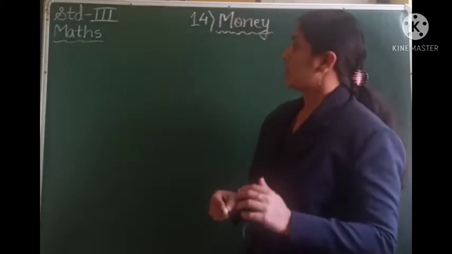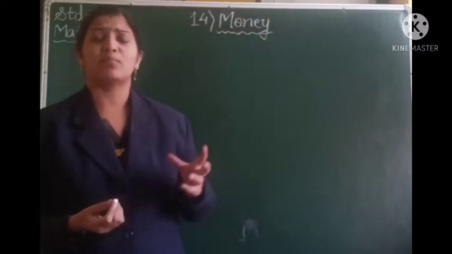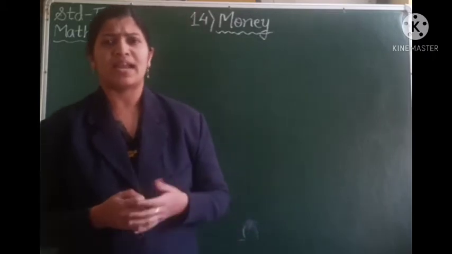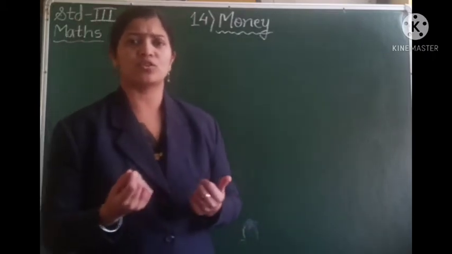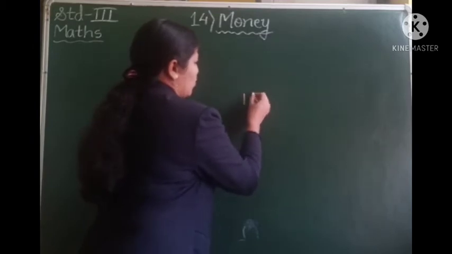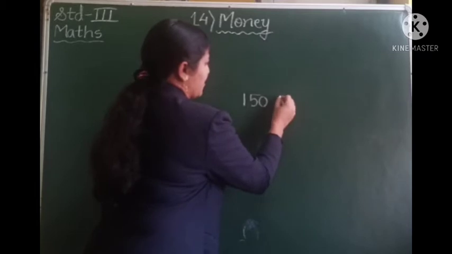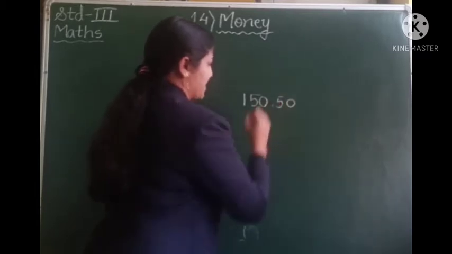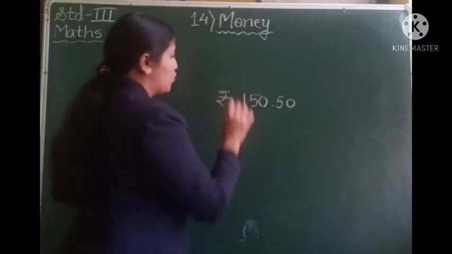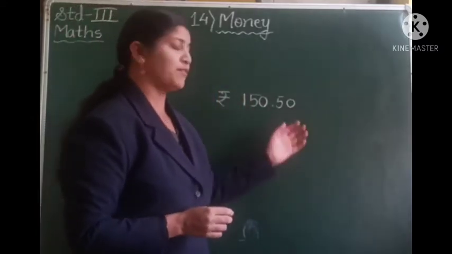Suppose I have gone to a shop and I bought a book, a notebook, a pen and a pencil, and together it costed rupees 150 and 50 paise. So the total cost of that notebook, pen and pencil is rupees 150 and 50 paise.